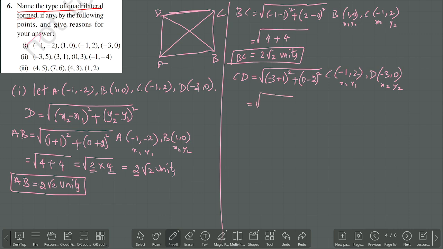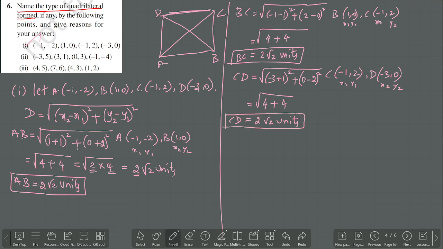Now minus 3 plus 1 gives minus 2, minus 2 squared is 4, plus 0 minus 2, minus 2 squared is 4, which is equal to 2 root 2 units. So CD equals 2 root 2 units, this is the answer.